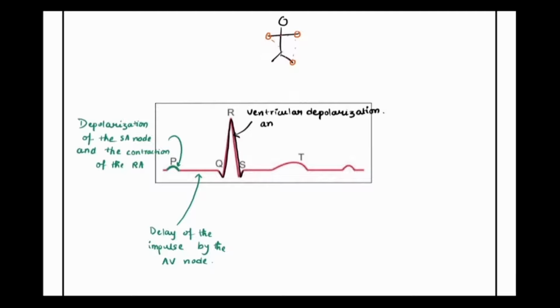And also, we had already talked about the atrial contraction, or the atrial depolarization. In this stage, when there is this QRS, the atrial walls relax. So that is the atrial repolarization.